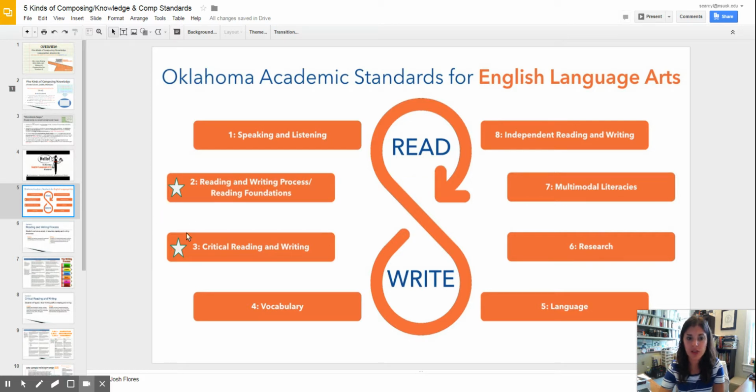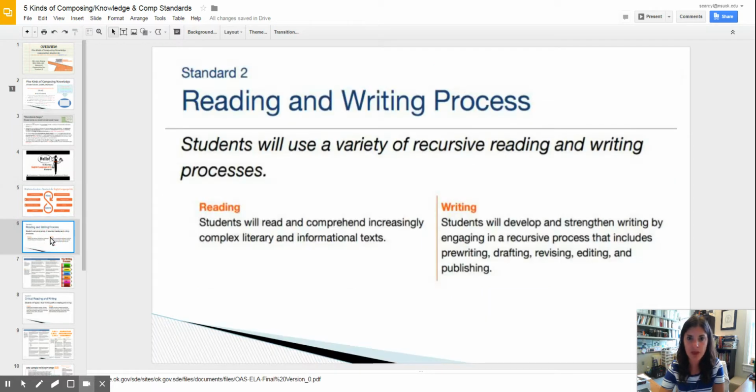What we're going to focus on in this course is Standard 2, the reading and writing process, and Standard 3, critical reading and writing. So, to look at Standard 2, the reading and writing process, students, we are students and teachers, we will, in this course, use a variety of recursive reading and writing processes. We will read and comprehend complex text.